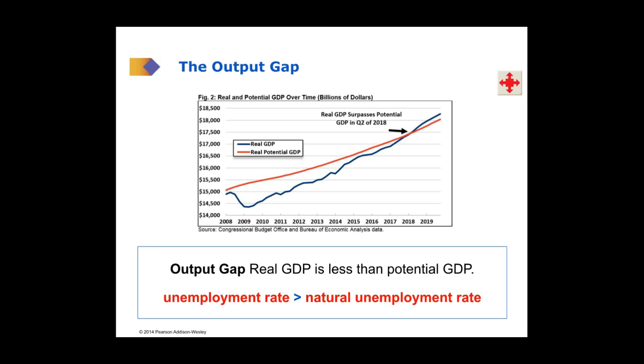Why? Because we're not at full employment, because we have some cyclical unemployment in our mix. And this is the real concern that we have as economists, is that when we have unemployment too high, it represents lost production, lost output. And so the goal of economists is really to minimize or eliminate the output gap and to make sure that we're at full employment and we have no cyclical unemployment.